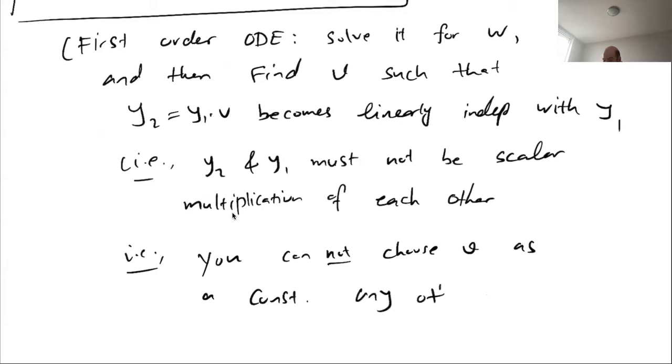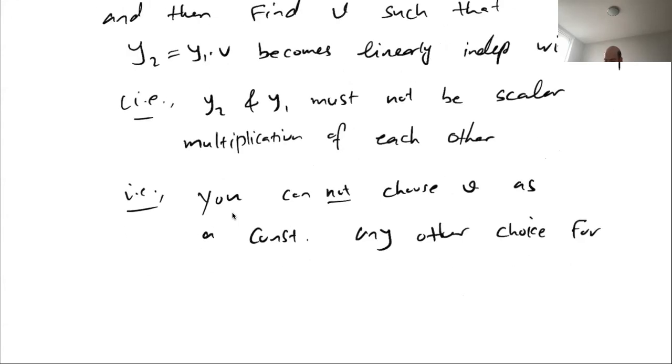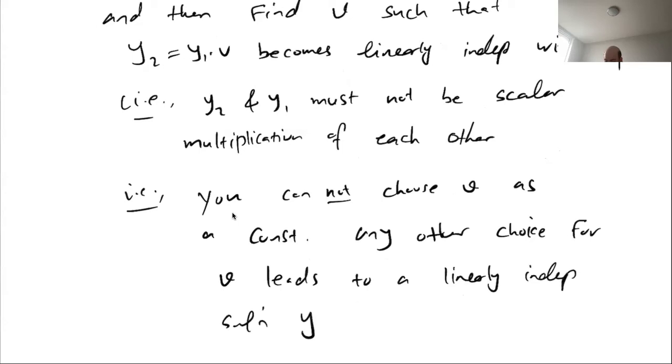Any other choice for v leads to a linearly independent solution y2.